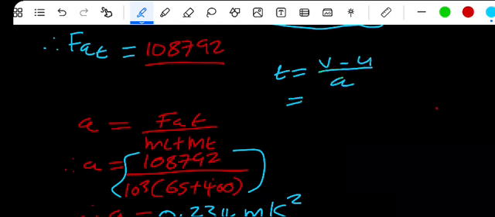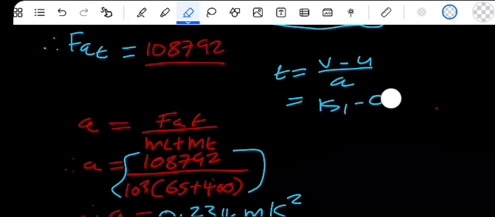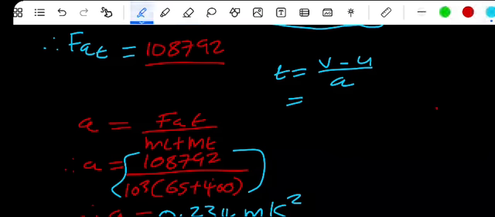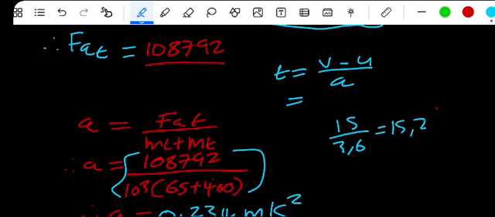55 kilometers per hour. Remember, you convert that: since it's in kilometers per hour, you divide by 3.6. Your velocity will be 15.278 meters per second.